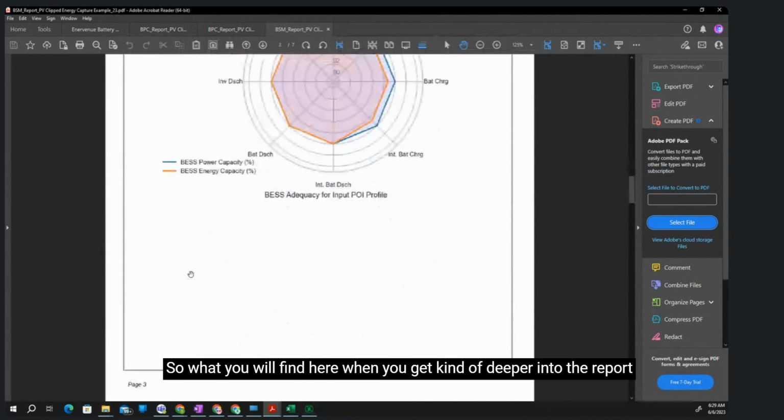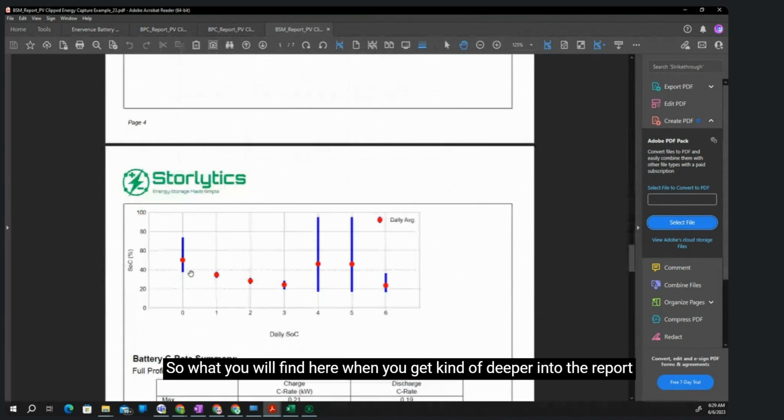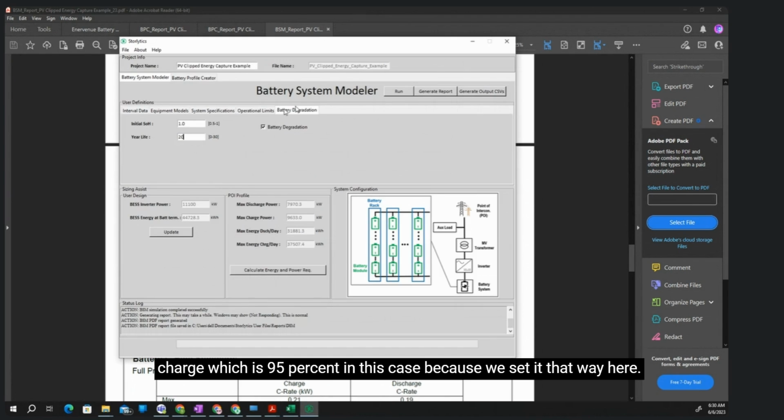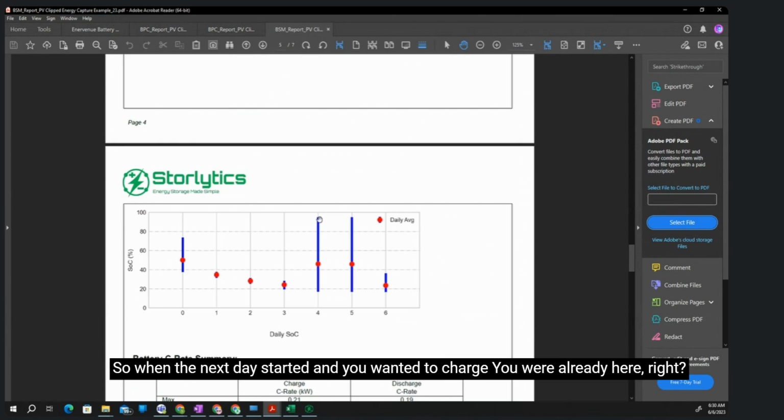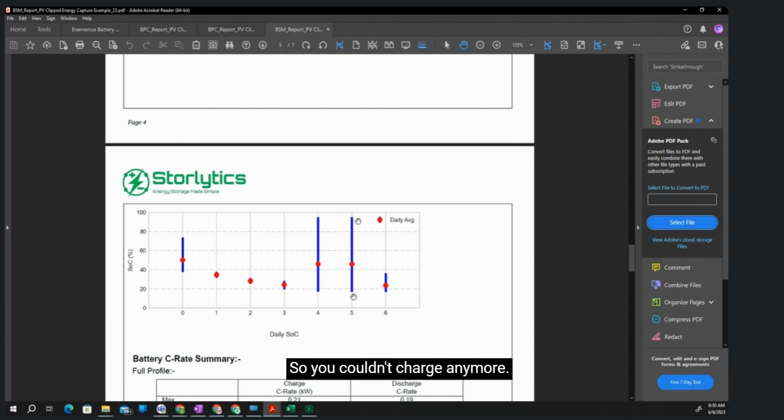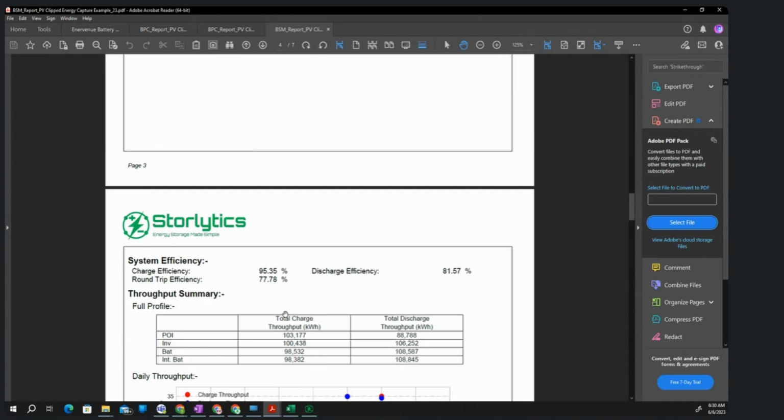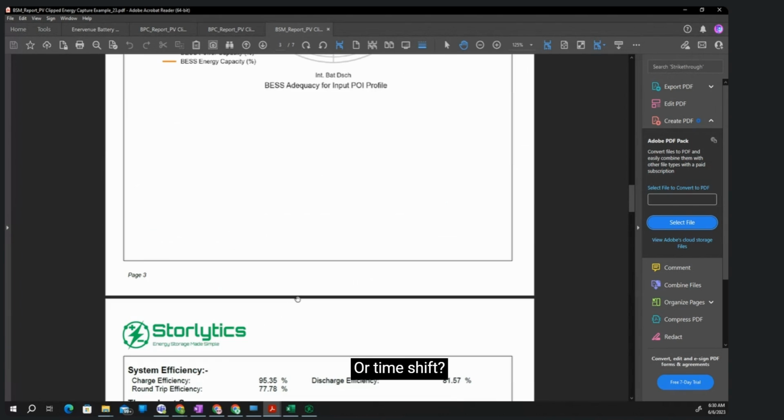What you will find deeper in the report is that on the fourth day you charged to the maximum state of charge, which is 95% in this case, because we set it that way here. So when the next day started and you wanted to charge, you were already there, so you couldn't charge anymore. You didn't use the stored energy on that night or time shift.